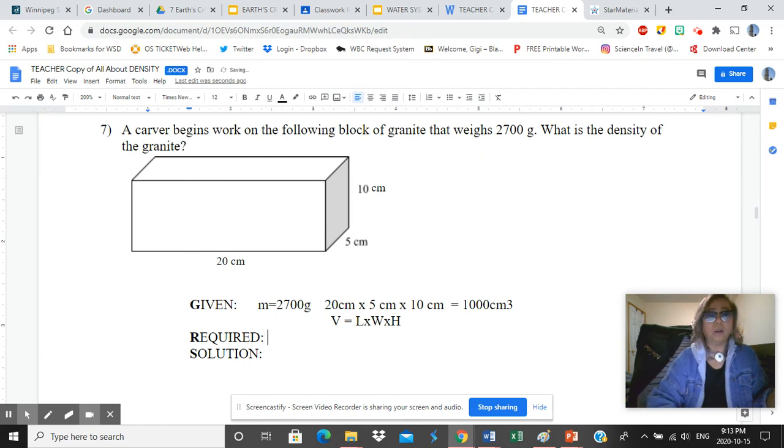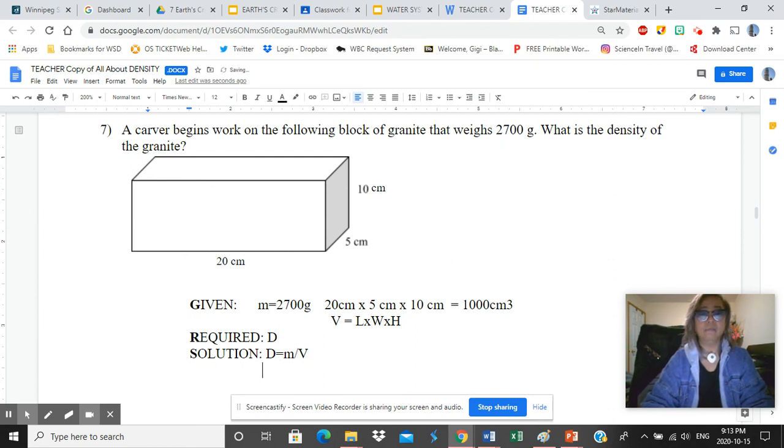And then the m. What am I looking for? What's the required? It says there, what is the density? So density is, again, what's the formula for density? Density is mass over V, right? So plug in the values that you have.